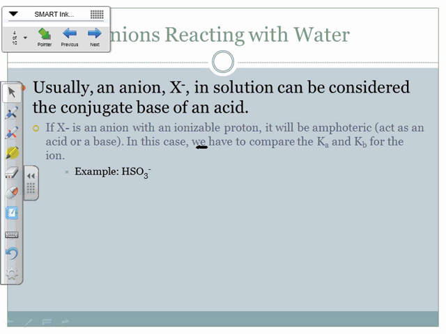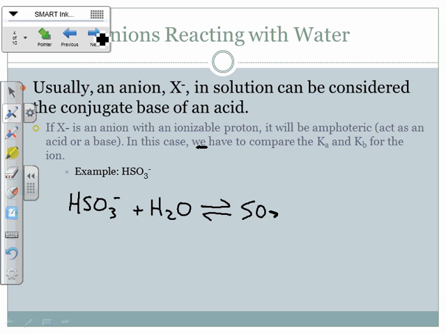If X minus is an anion with an ionizable proton, it could be amphoteric, so then you have to compare the Kas of these two things. An example here would be HSO3 minus. If you have HSO3 minus, this could do one of two things. I'll put it with water both times here. It could react with water and act like an acid, give away its hydrogen, and then you'd end up with SO3 2 minus plus H3O plus.